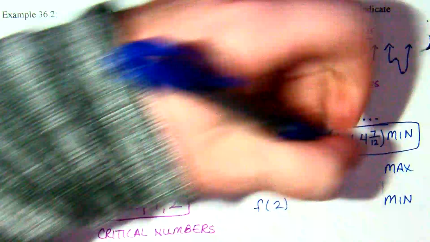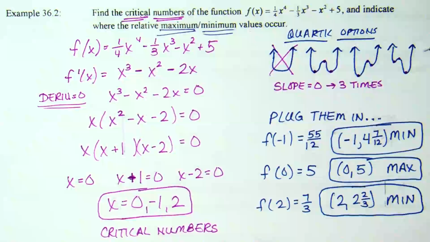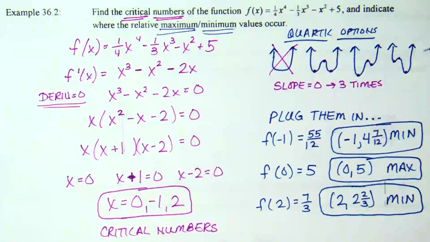So 2, 7/3, or 2 and 2/3. Could you check this on the calculator? Yeah. You can graph this on the calculator. You can check your mins and maxes, and they should match up. I just didn't want to spend all of our time plugging all the numbers in.